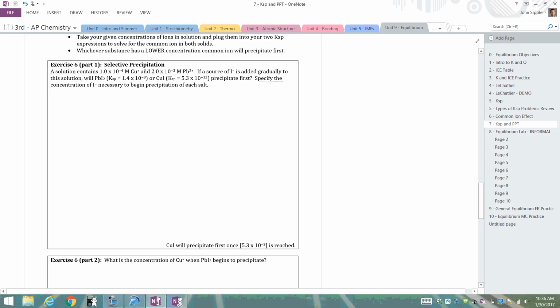In our solution, I'm going to write these up just to be complete. You don't necessarily have to do this each time, but I'm going to write out the KSP formula for the KSP reaction.